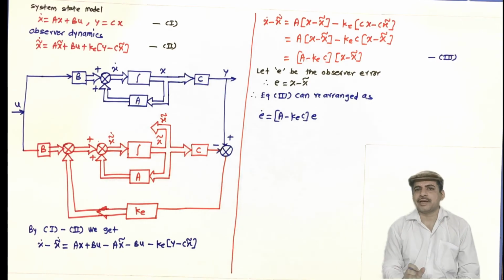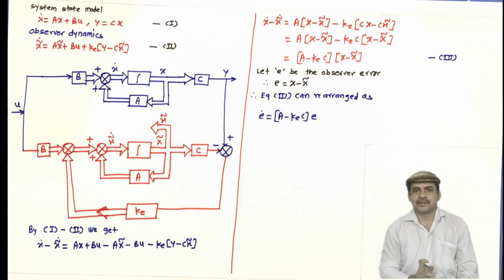So if we choose the proper eigenvalues of a minus kec, the error can be taken to 0 as time t approaches infinity.